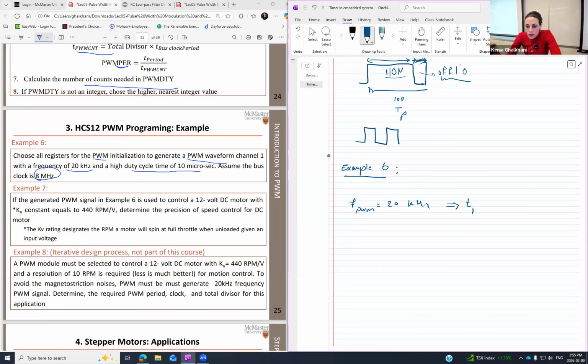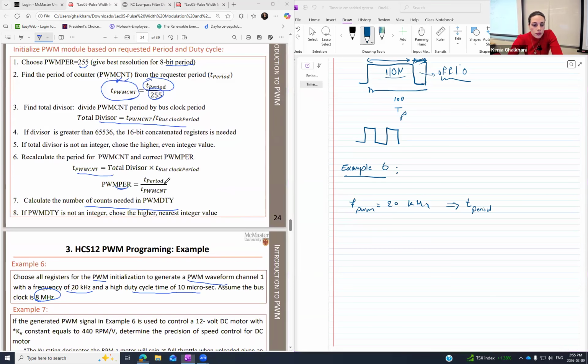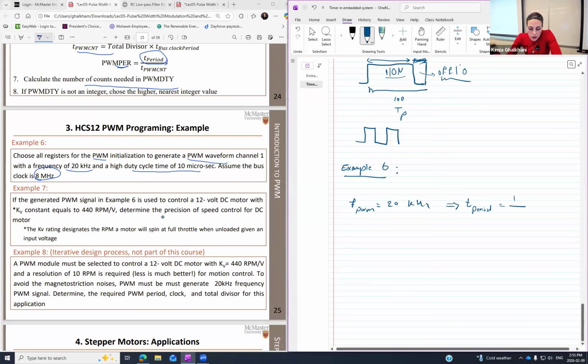What was T period? I just had it in here. T period. This one. Right? I can just calculate this one or this one. So now, remember it was 1 over the frequency of PWM. What was the frequency of PWM? Therefore, you can simply say this is 50.